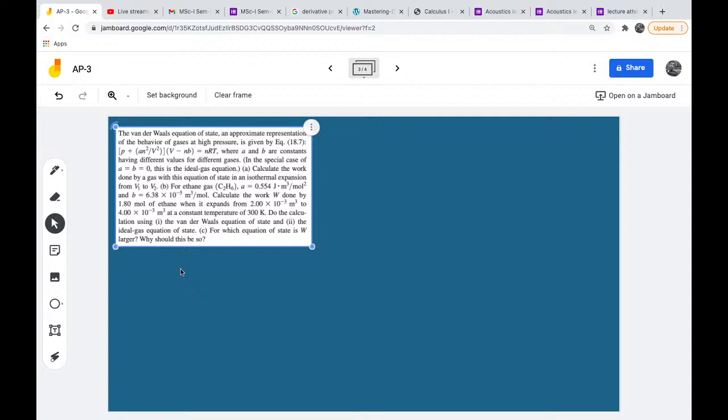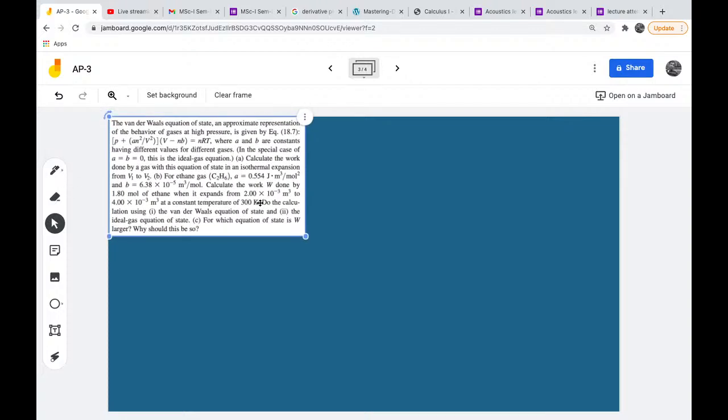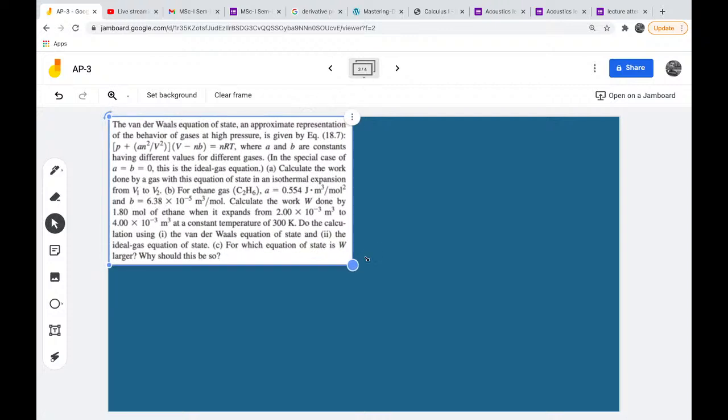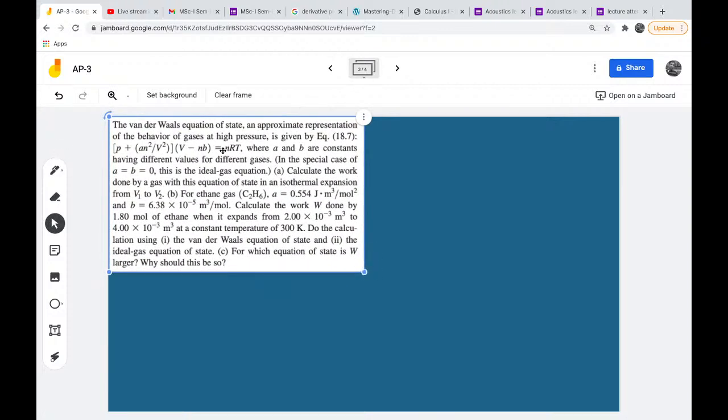So I will first write my first equation here, which is the van der Waals equation of state.